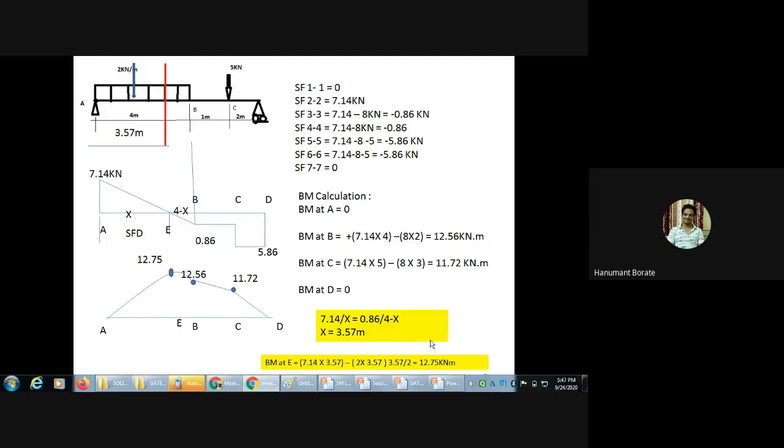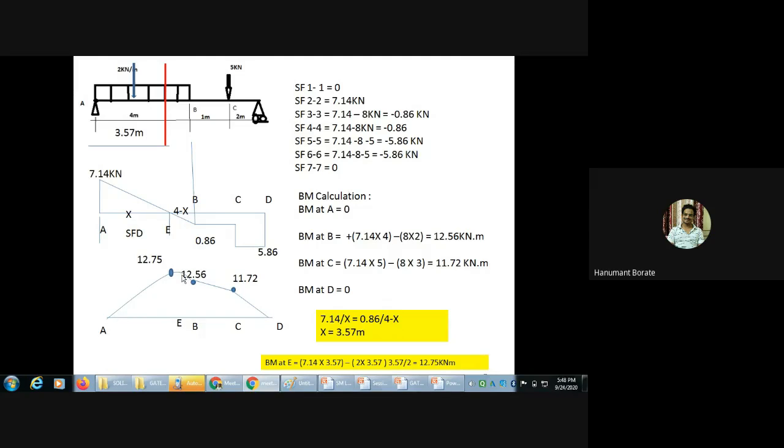Okay, now this value is at E point, so just plot the point of value 12.75, right? Now check, this will be the maximum bending moment. Now we know that the bending moment nature for the UDL span is a second degree curve. So we need to join this A point, this E point, and B point by a second degree curve, right?